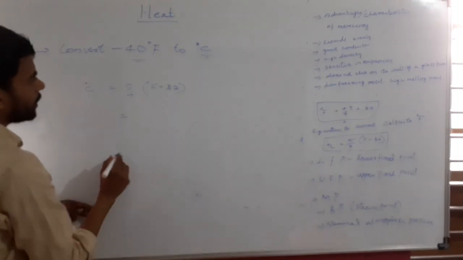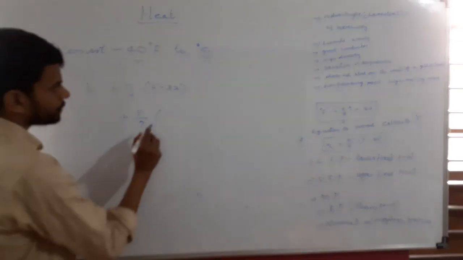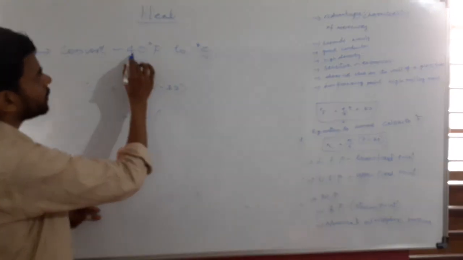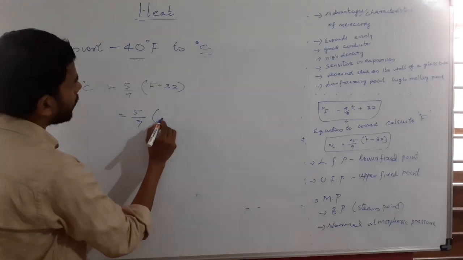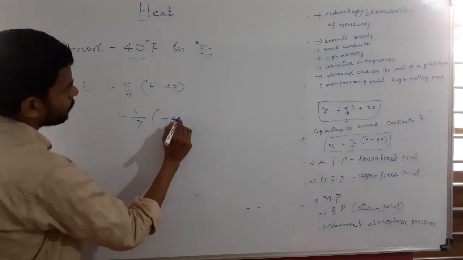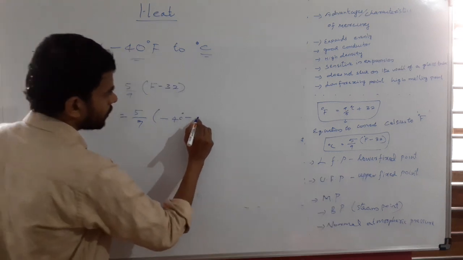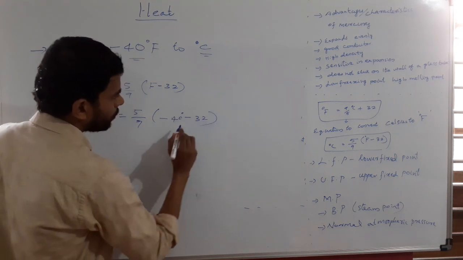So we are just trying to find it. 5 by 9 into F, what is F? Minus 40 degree, minus 32 degree.